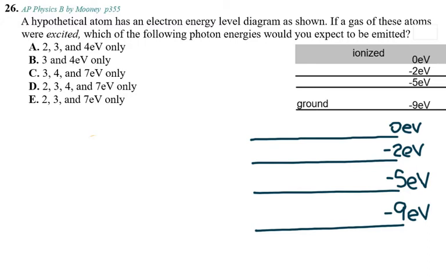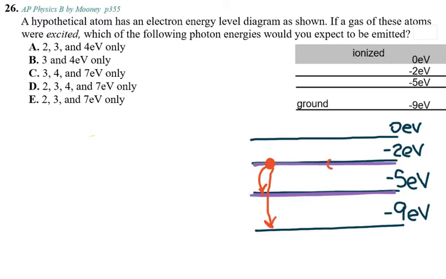So these will be my excited states. Here is one excited state, and here is another excited state. My electron can jump from this excited state to that excited state, or jump straight to the ground.